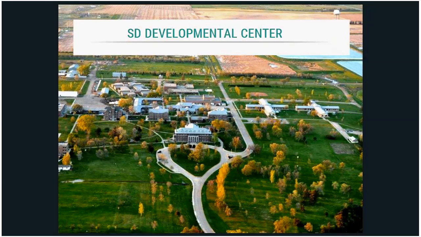In the 1970s, deinstitutionalization and normalization became the key philosophies. It was felt that the people at SDDC could do almost everything that anyone else could. They just needed some training.